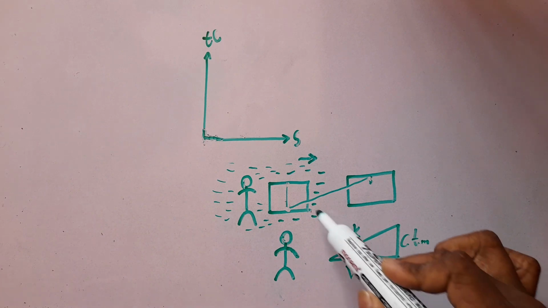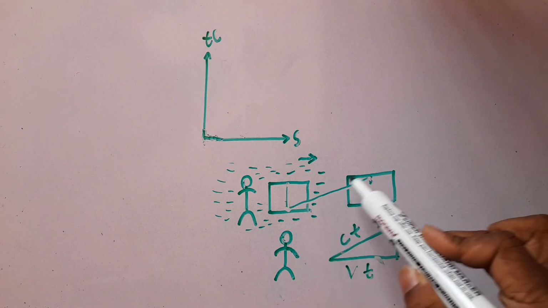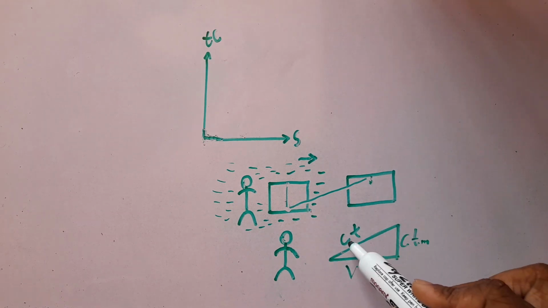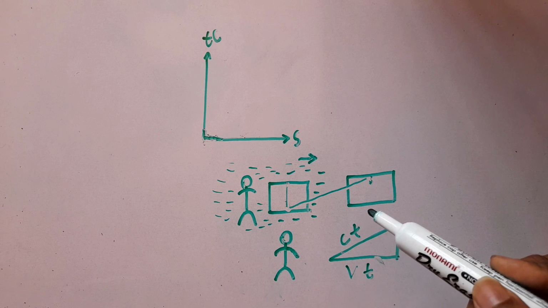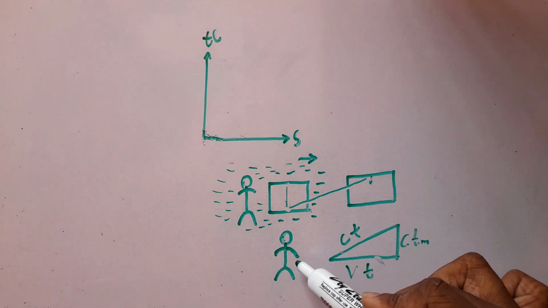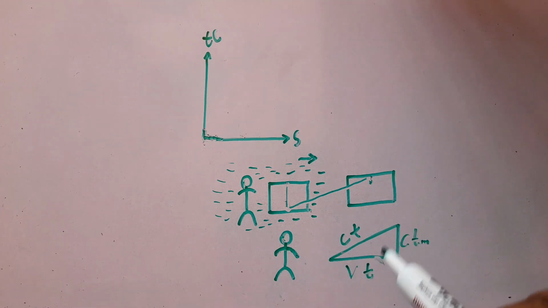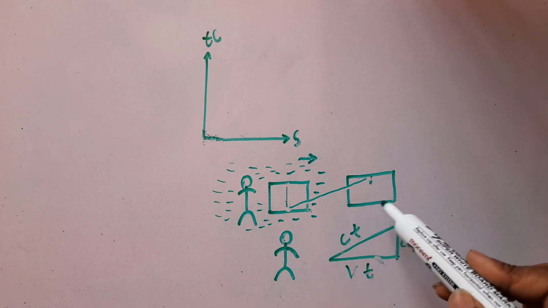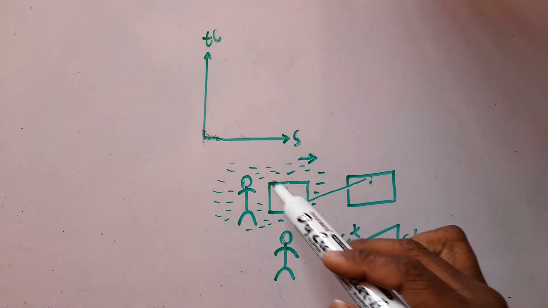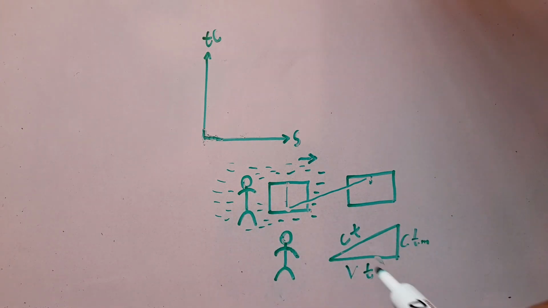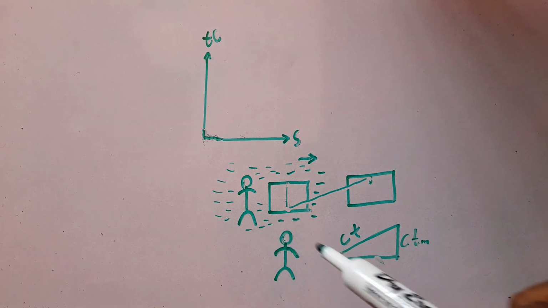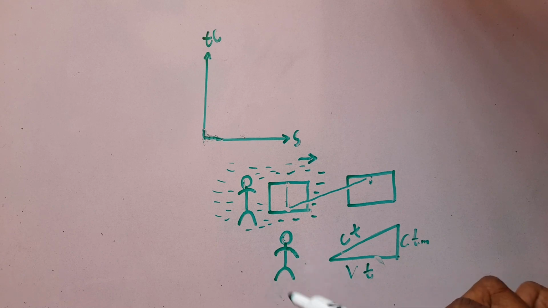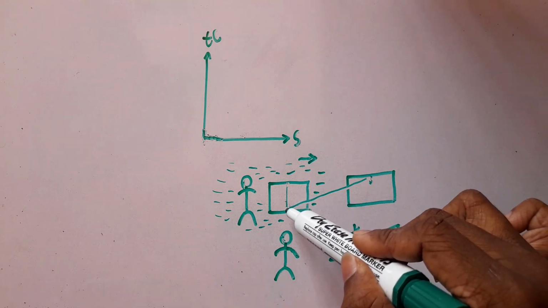The length of the diagonal path that light takes from here to here is equal to c, the speed of light, multiplied by the time period measured by the stationary observer.